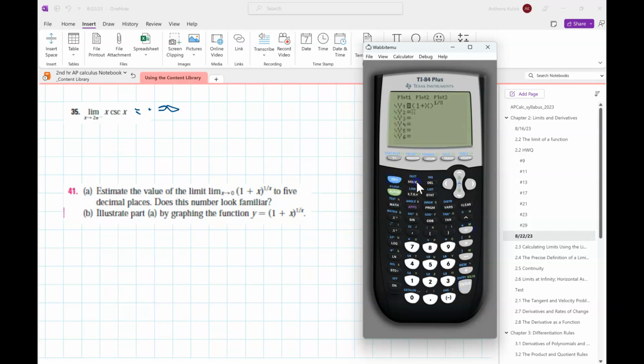And then I'm just going to use the Y-VARS function, Y1. And I'm just going to be going towards 0. So maybe we start at 1. Okay. And we go to 0.1. So I'm convinced that the 1's place is correct because it's still at 2.